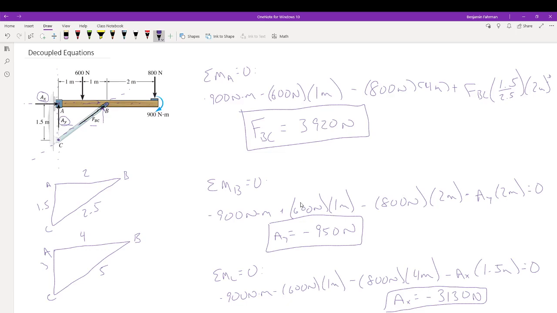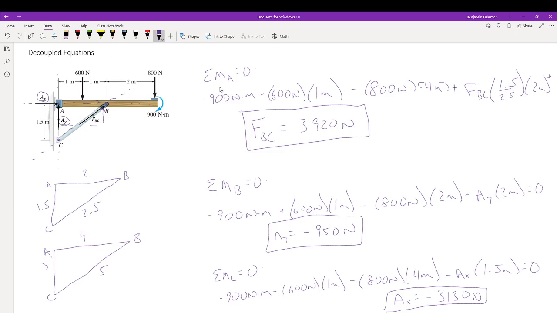So moments about A, moments about B, and moments about C are decoupled equations for these unknowns. If we were to do moments about A and then sum forces in the X and Y, we would find the same values. We're not finding different values here. It's just that decoupled equations can be useful for many reasons. One is that because each of these unknowns is in terms of only the known values, we're not going to propagate any errors through.